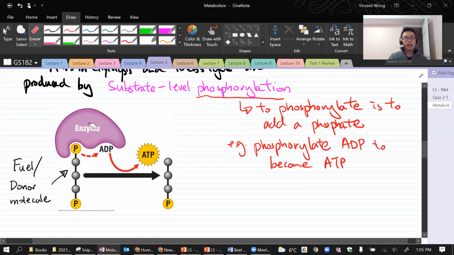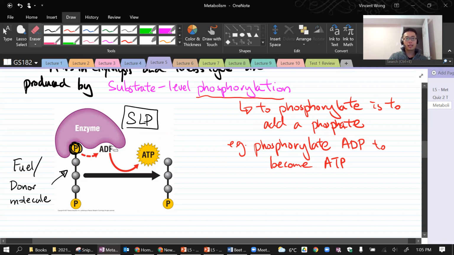So what's going to happen is the enzyme will take the phosphate from the donor and transfer it onto ADP, and afterwards you will generate ATP, and then the fuel molecule will have lost a phosphate because that phosphate went onto the ADP. So this is called substrate level phosphorylation, or SLP.